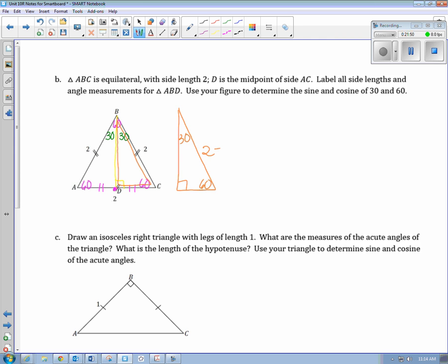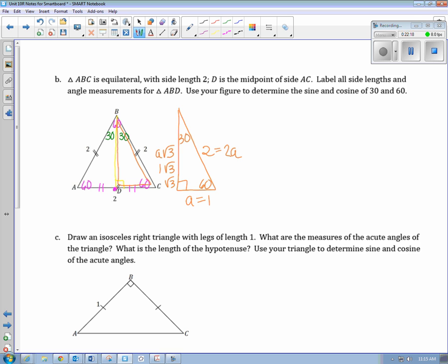Remember that that is the 2A side, which means A is 1, and then the side that's across from the 60 is the A radical 3 side, which is 1 radical 3 or just radical 3 to make things simpler. It asks us to find all the side lengths and all the angle measures. So if I take a look at the original triangle, I have all the angle measures drawn in, and I have all the side lengths drawn in.